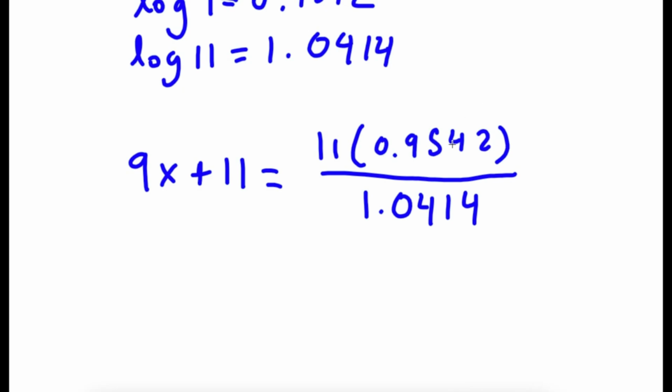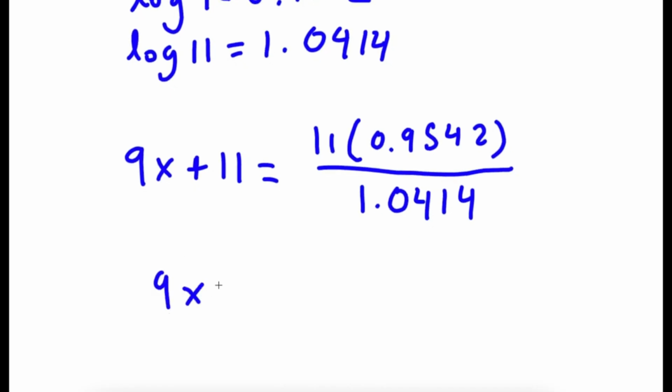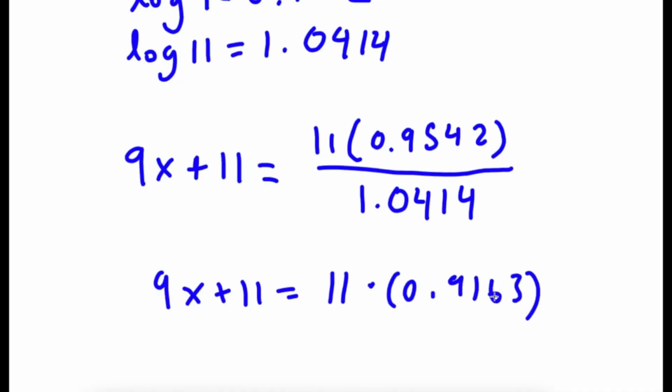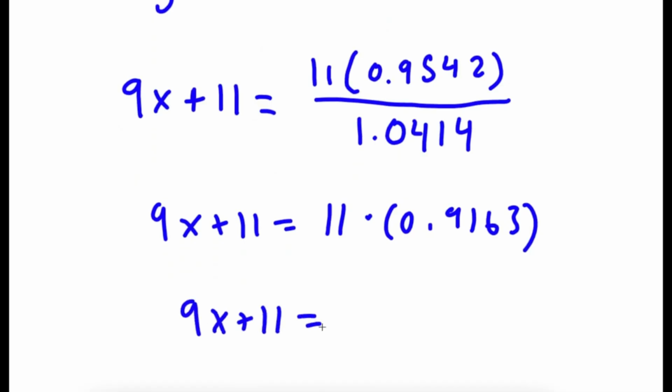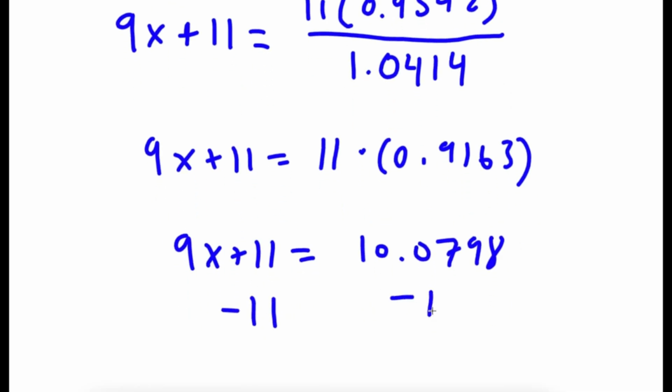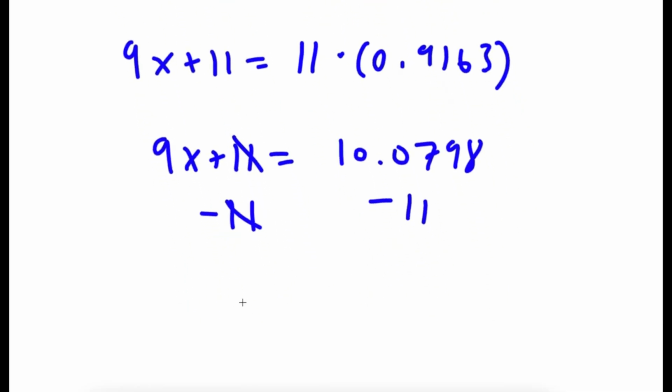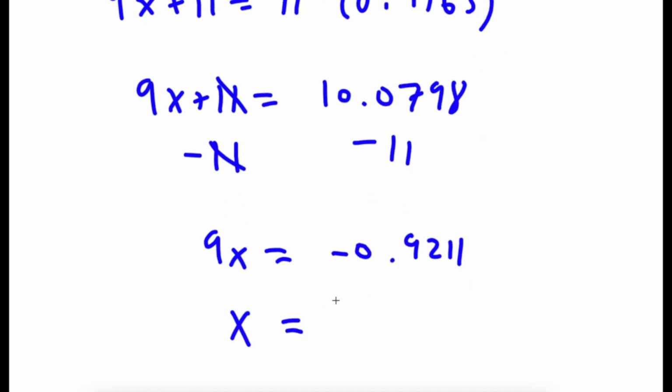Now 0.9542 over 1.0414, that's going to equal 0.9163, so 11 times 0.9163 gives 9x plus 11 is equal to 10.0789. So I have this minus 11. So now I have 9x is equal to negative 0.9211, meaning x is equal to negative 0.1023.